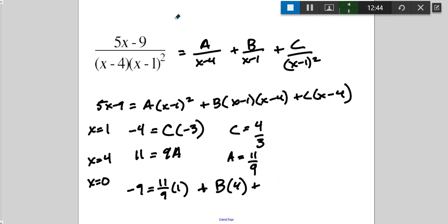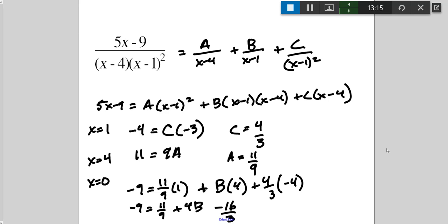Just going to erase the c. Okay, so we know that c is 4/3, right? And 4/3 times negative 4. So this tells us that negative 9 equals 11/9 plus 4b minus 16/3.